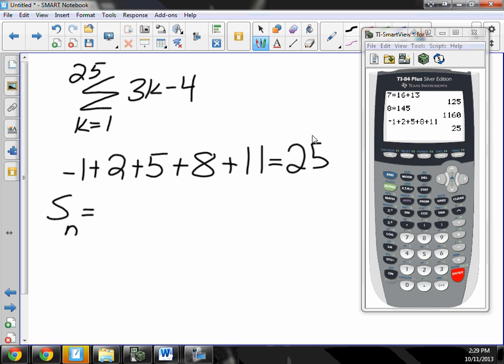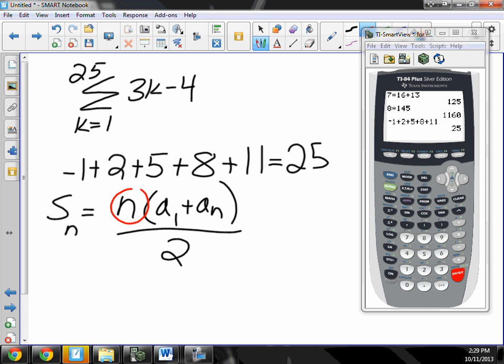So S of n equals n times a sub 1 plus a sub n, over 2. That is the formula for the summation from k equals 1 up to n. All right? So let's talk about this. What does this tell me?